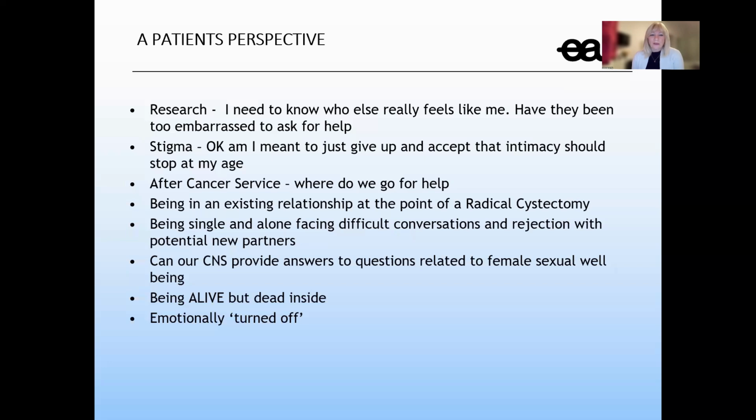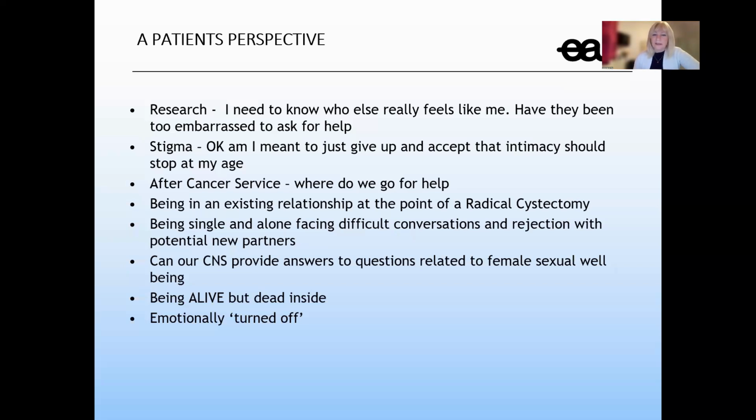So when I embarked on my particular operation, I was in an existing marriage and relationship at that point of the radical cystectomy. But it has such a great impact. And now there's been a change in circumstances. And I have to look at this from the prospect of being single, alone, facing difficult conversations and possible rejection with potential new partners.